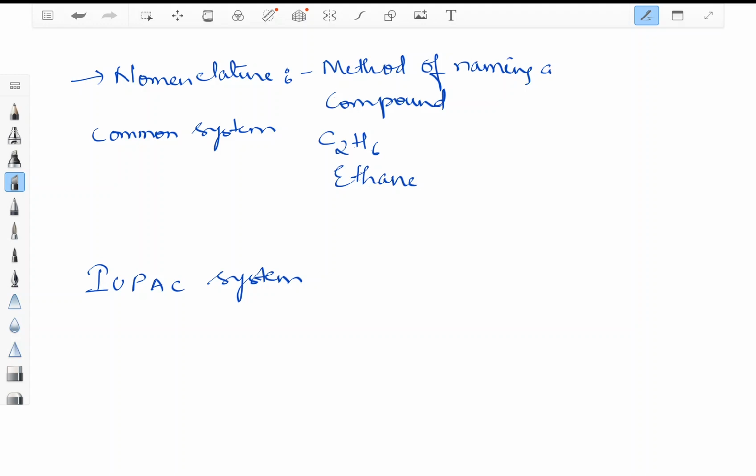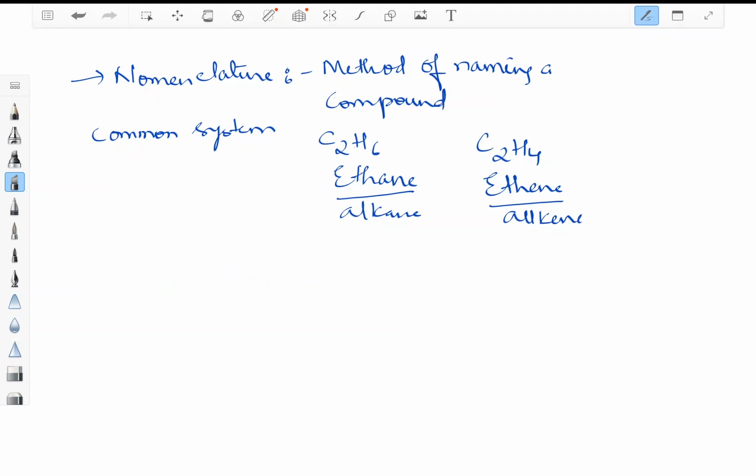Alkenes need two carbons, that is why I am taking the more relevant example of ethane, and here C2H4, that is ethene, which is under the category of alkene. So here in this case, the name is ethane.